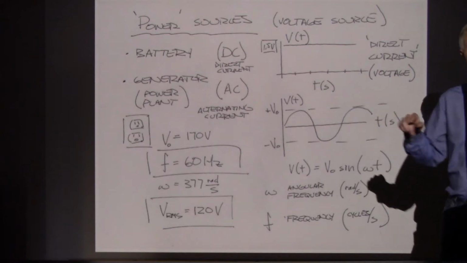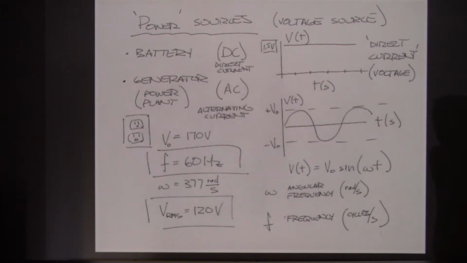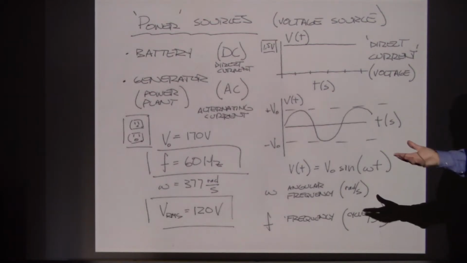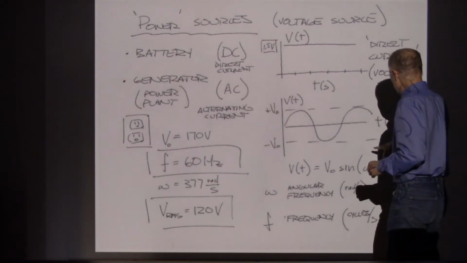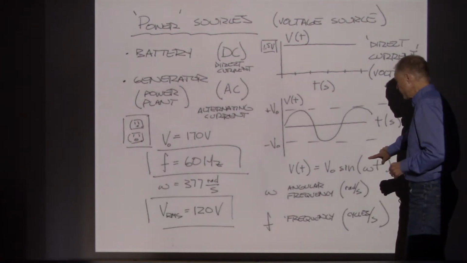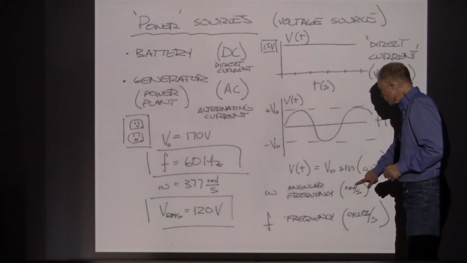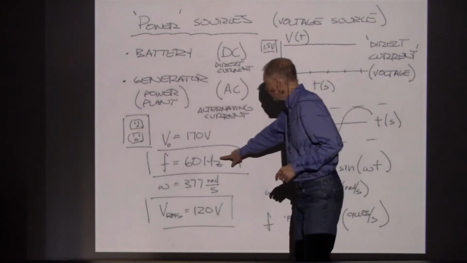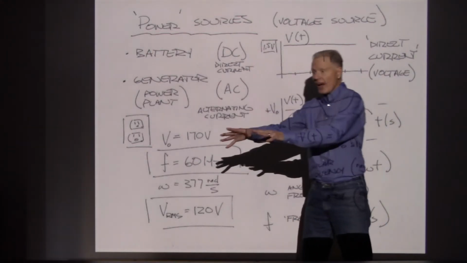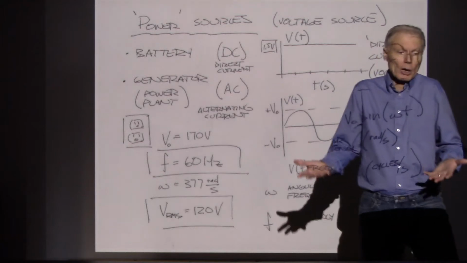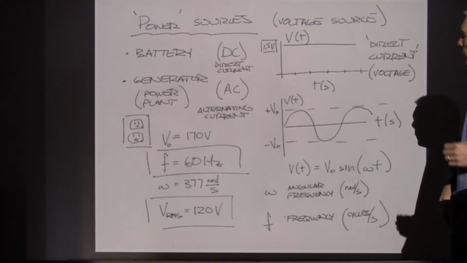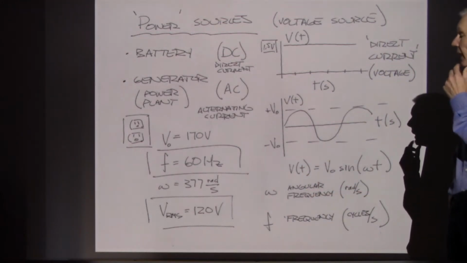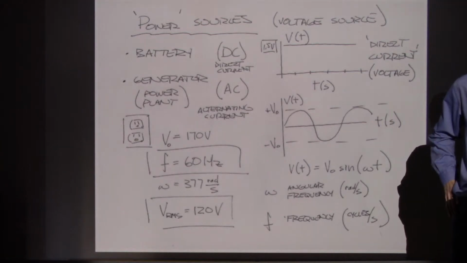We saw this back when we were studying oscillation, and we can bring back that angular frequency variable and use that in our formulas for explaining how the voltage is varying. That's going to be in radians per second. Those are standard units. Now, what you may be familiar with is that our alternating current outlets are designed to operate at 60 hertz.